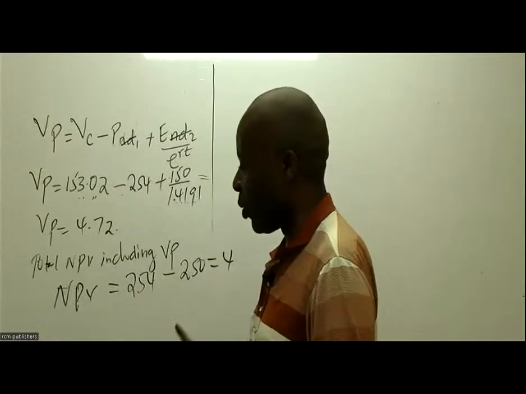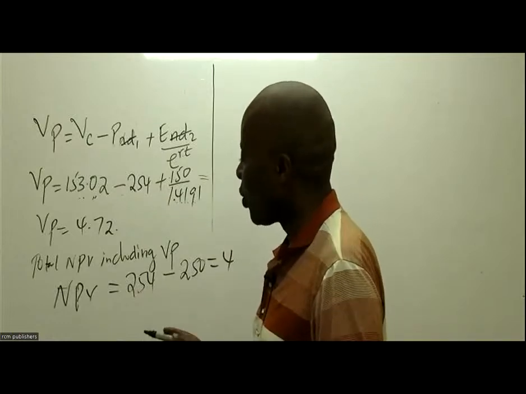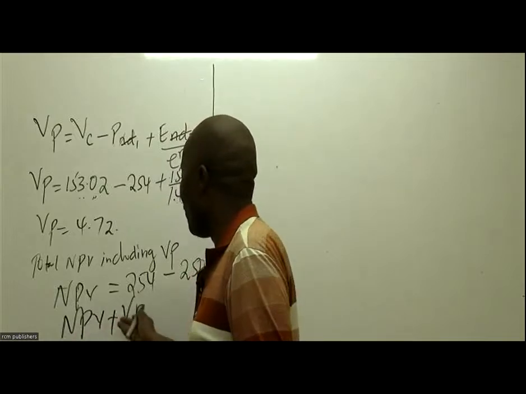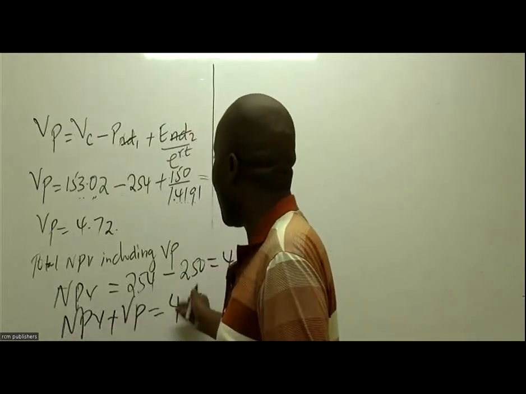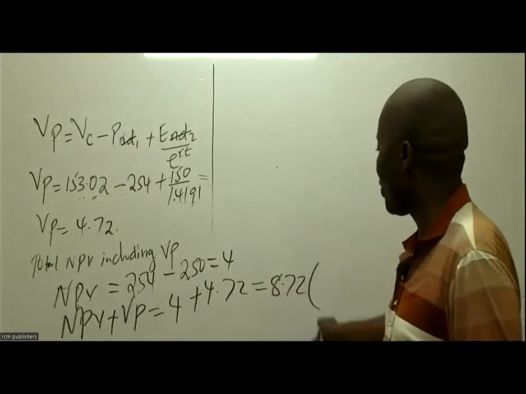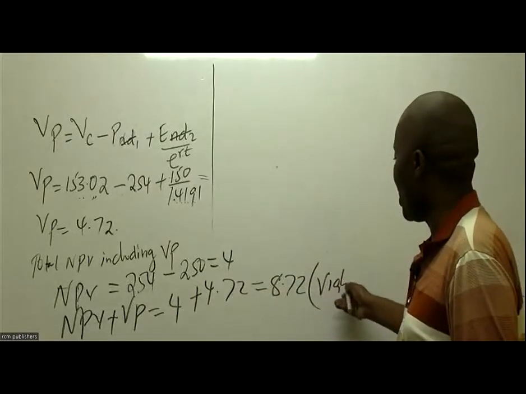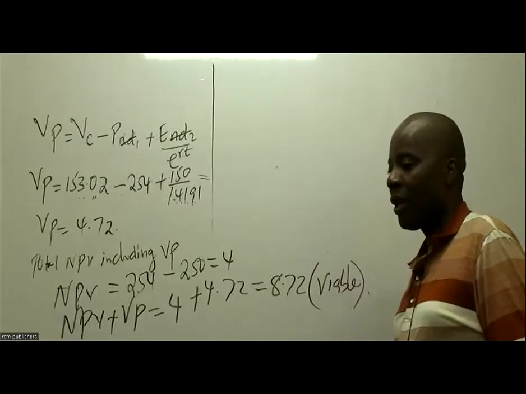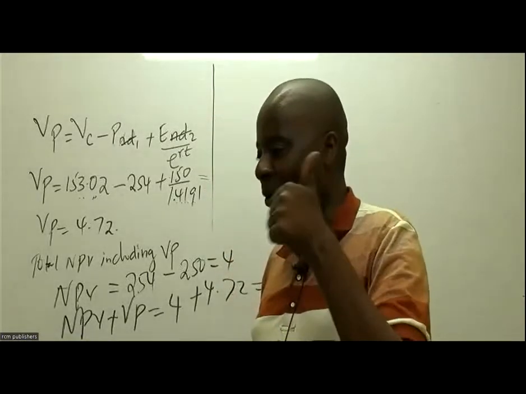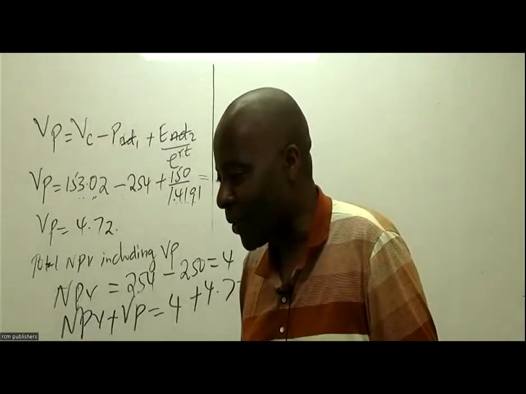This is the NPV of the project. So what about NPV plus value of a put? It will be 4 plus 4.72, which gives me 8.72. And because it's positive, the project is viable.